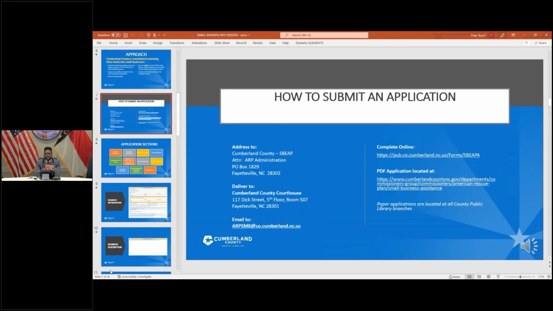So I think it is important that you have some type of delineation between what is your business and what is your personal funds, because remember, we need to make sure and ascertain what is a business cost or expense or need, and separate that from the personal, because that personal expense would be deemed ineligible. So we want to make sure that we have some type of separation between those two funding sources or funding types.